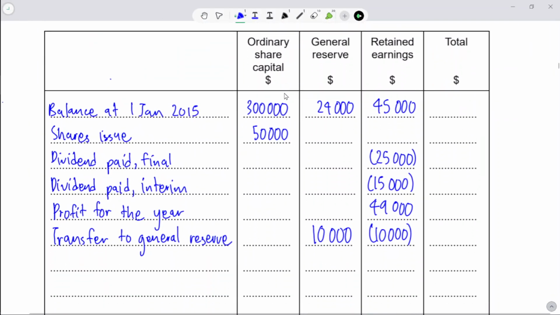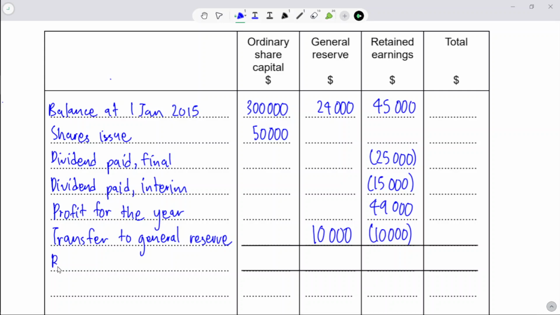Now let's balance the account. I mean, let's total the account. Don't forget this one.